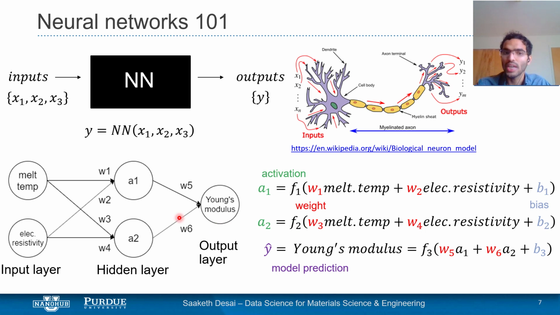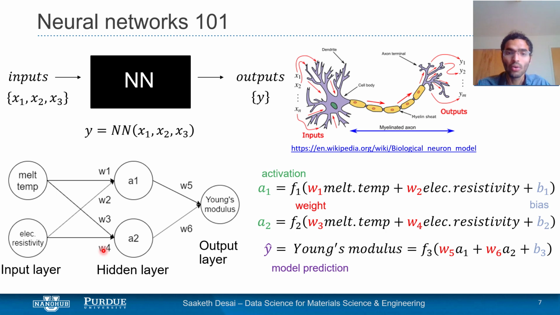Having computed the values A1 and A2, we can repeat the same process to compute the Young's modulus, that is the prediction of our model. Again, the inputs to this model are A1 and A2. We linearly combine them, so W5 times A1 plus W6 times A2 plus a bias term B3, and apply a nonlinear activation, which I'm calling f3 here. And that's it. We have predicted the Young's modulus given the inputs melting temperature and resistivity for this very simple neural network.